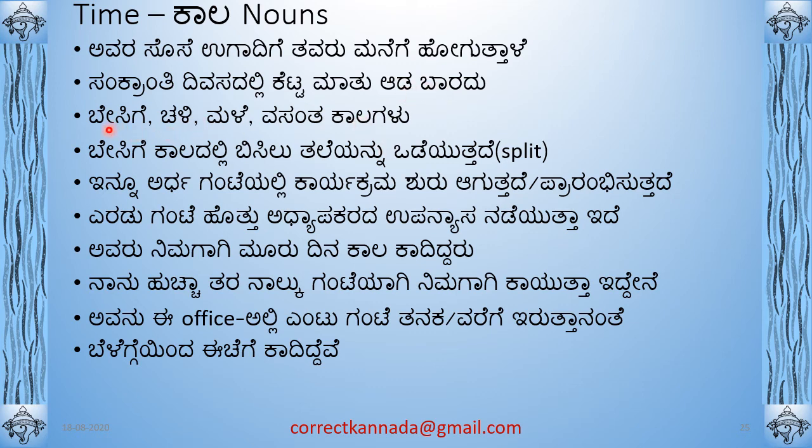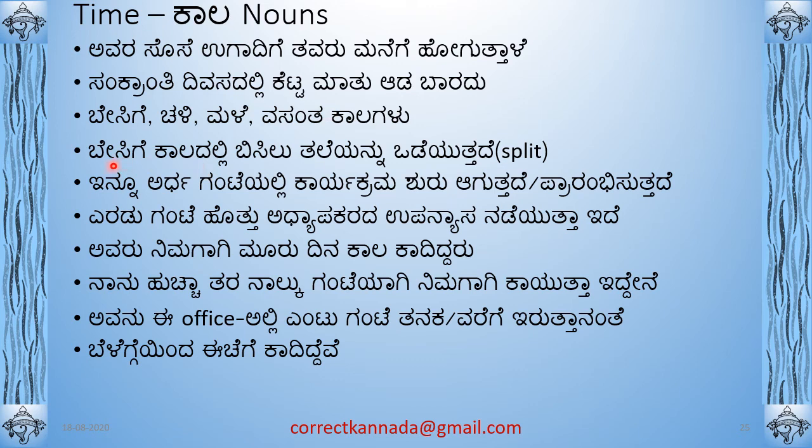Okay. Besige, chali, male, vasanta, kala. These are all names of kala, means seasons. These are different seasons. Besige is summer. Chali is cold season or winter. Male is rainy season. Vasanta is spring. These are all different names of different seasons. Seasons are also called kala.